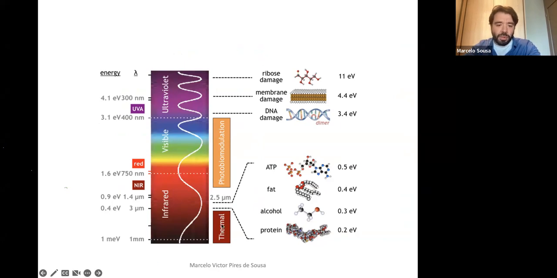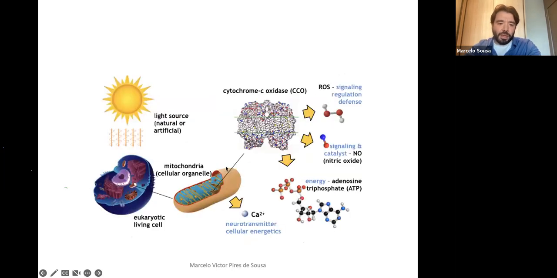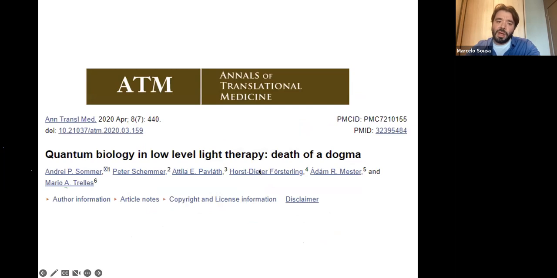It's not thermal, like far infrared, and it's not connected to DNA damage like ultraviolet light, but it is connected to stimulating the mitochondria, precisely the cytochrome C oxidase, to enhance the production of ATP. And with more ATP, the cells are able to produce more substances, like endogenous analgesics, anti-inflammatories or growth factors.